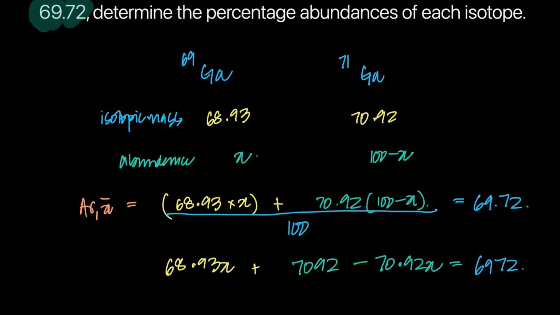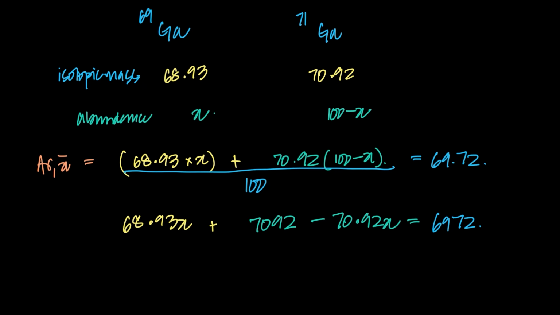And just simplify. I can take this number to this side, or you just add them up first. So 68.93 minus 70.92 is minus 1.99. So what I have is 7092 minus 1.99x equals 6972.